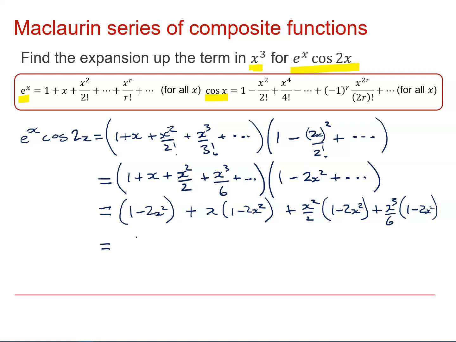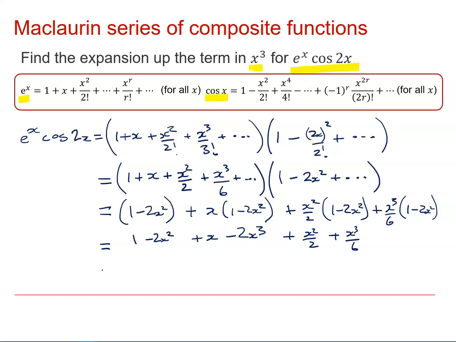Now let's just pull these out. I've got 1 minus 2x squared plus x minus 2x cubed, and that's okay because I want to go as high as x cubed, plus x squared over 2, and then the next one will be x to the power 4, so I can ignore that, and then I've just got plus x cubed over 6.